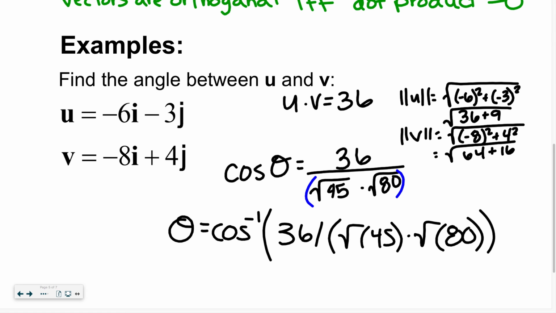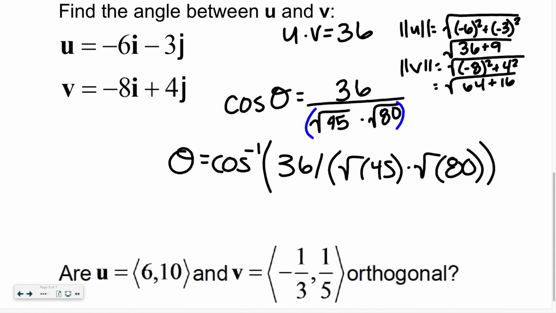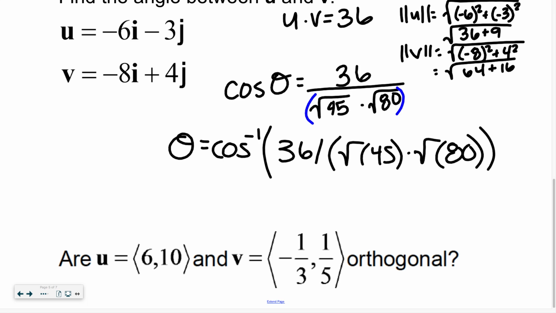Should get an angle between 0 and 180. Remember, these will be provided for you, or the formula will be provided for you, so it's a matter of can you plug in and actually calculate the answer. I got 53.1. Do you agree?